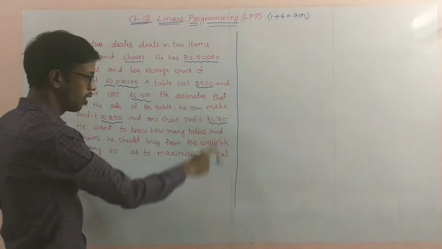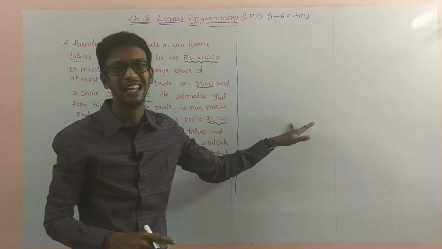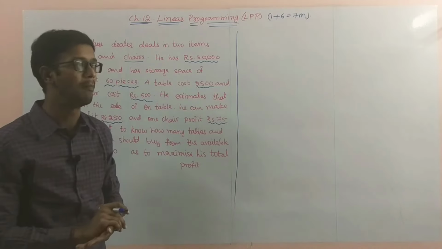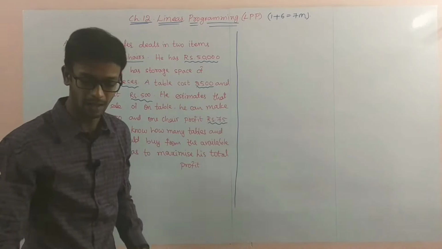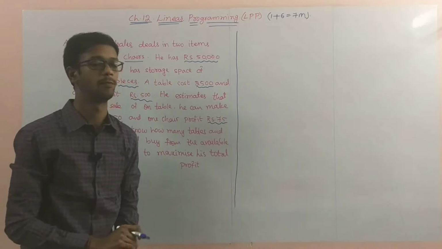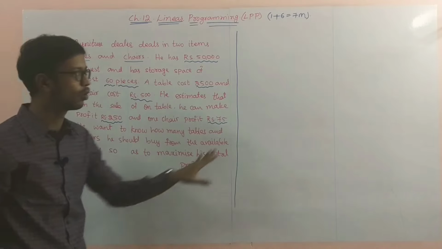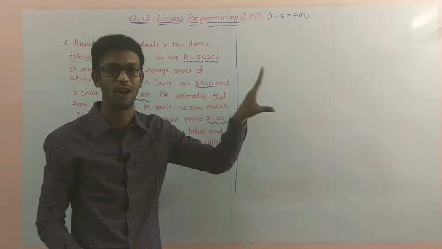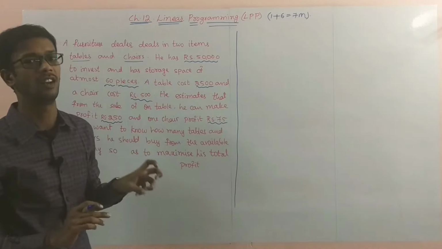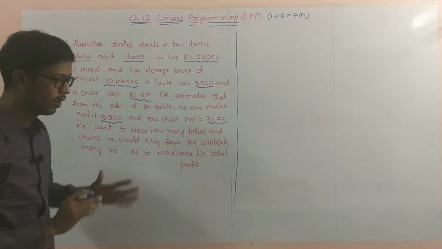Now, converting this total problem into equations is called mathematical formulation. If we convert this total theory into equations, that process is called mathematical formulation. Now you see how we'll convert it.